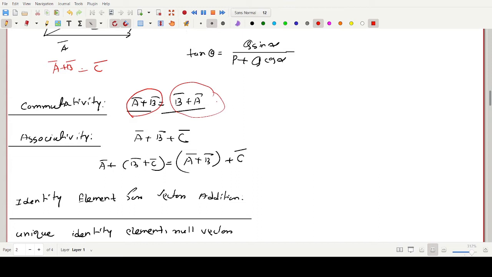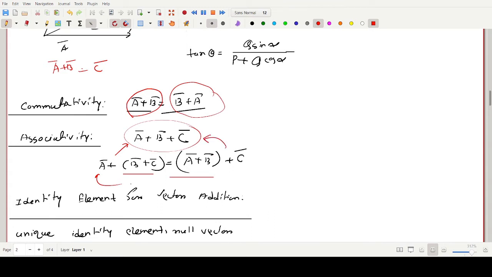Now associativity. Let's say we have been asked to calculate a plus b plus c. If we calculate b plus c first and then add a with it, we will get this result. And if we calculate a plus b first and then add c with it, we will get the same result.